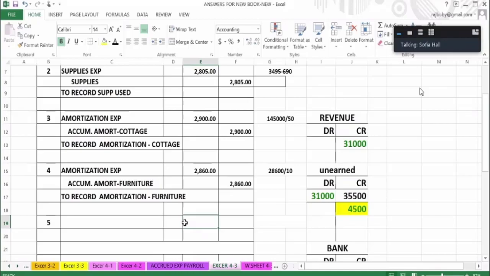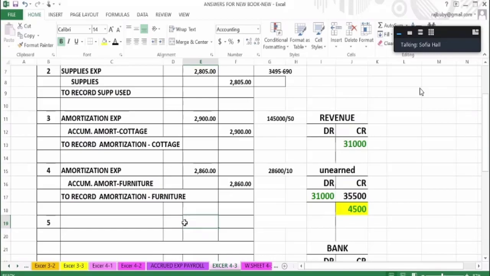If you see the unearned revenue, 355 people paid $100. In the trial balance, you can see $35,500 in unearned revenue, right? Yes. Part of the people already used it, some of the people didn't use it.